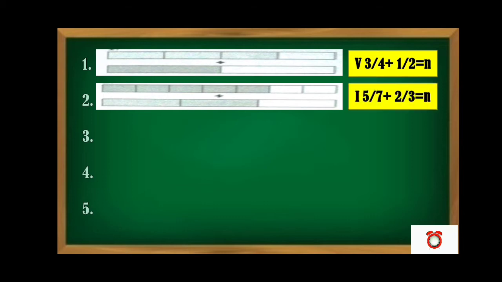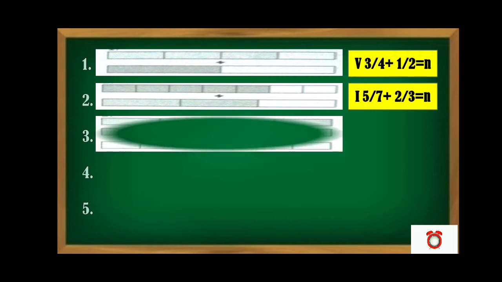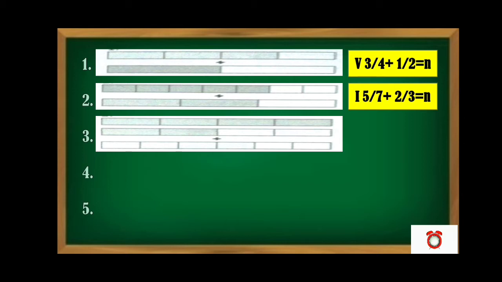Okay, the correct answer is I, which is 5/7 plus 2/3 equals n. How about number 3? The correct answer is letter R, 1 and 2/4 plus 4/6 equals n.